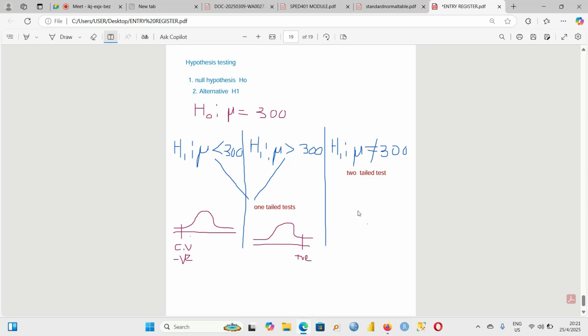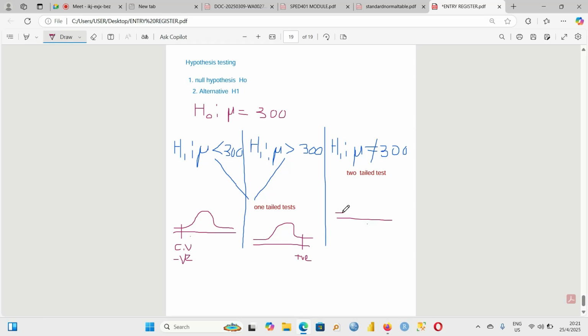When one says your salary is not 300, yes, it's not 300. My salary can be 250, it can even be 500. So it has no direction. If one specifically says it's not something, it has no direction. We are saying it's a non-directional test, a two-tailed test.